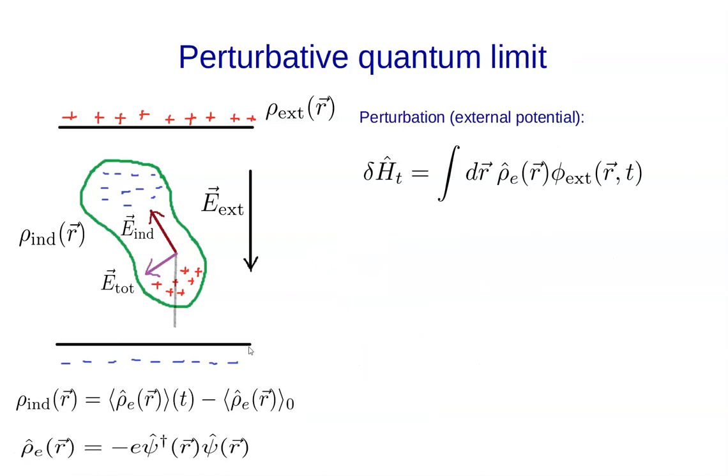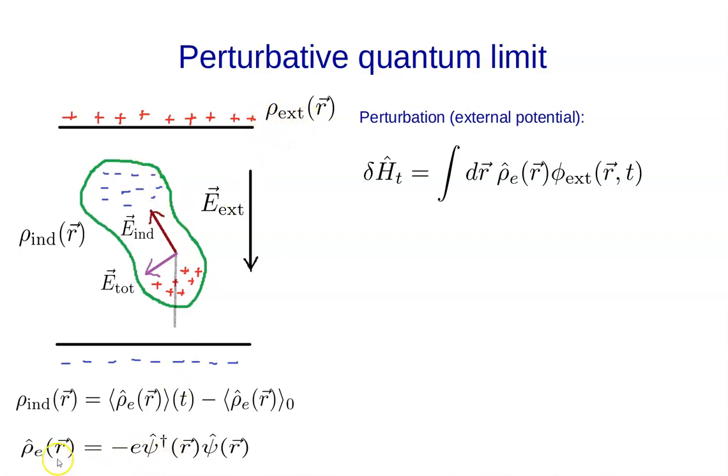Okay. So let's treat now what I'm calling the perturbative quantum limit. And by quantum limit, I mean the following: we're going to consider the electrons in the system to be quantized, so we treat them as quantum particles. The fields themselves are not going to be quantized, so we're not talking about photons here, just classical fields.